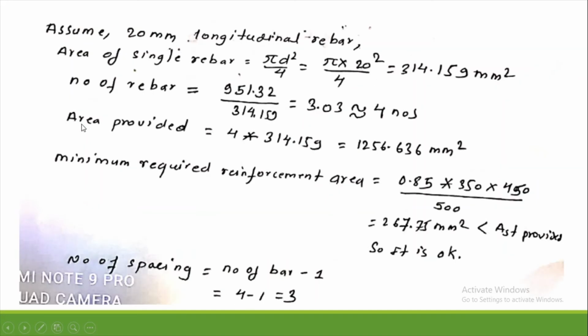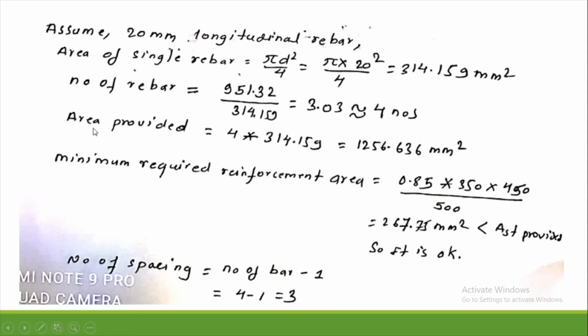951.32 mm square. I'm assuming here 20 mm longitudinal rebar. Then I'm calculating the area of a single rebar, pi d square by 4, by using this area formula. By calculating this value, I'm getting 314.159 mm square. For the number of rebars, what we have to do is total area divided by area of a single rebar, then we're going to get 3.03, but we are taking 4 numbers.